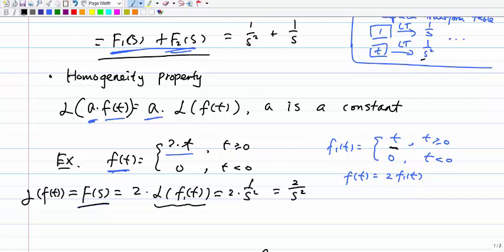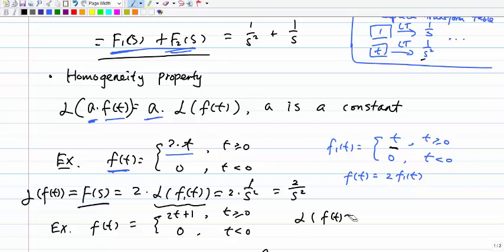You can also combine the two properties. For example, if I have f(t) is 2t plus 1 for t greater than or equal to 0, and 0 for t less than or equal to 0. The Laplace transform of this f(t) is the Laplace transform of 2t plus the Laplace transform of 1. I don't have to define all the functions.